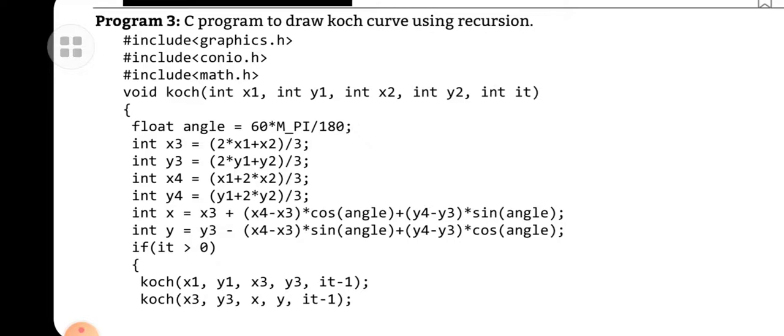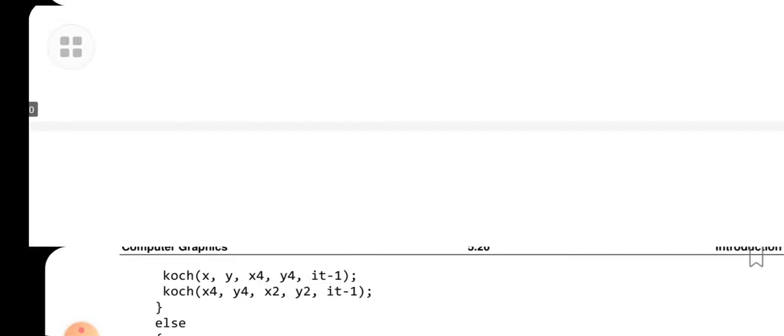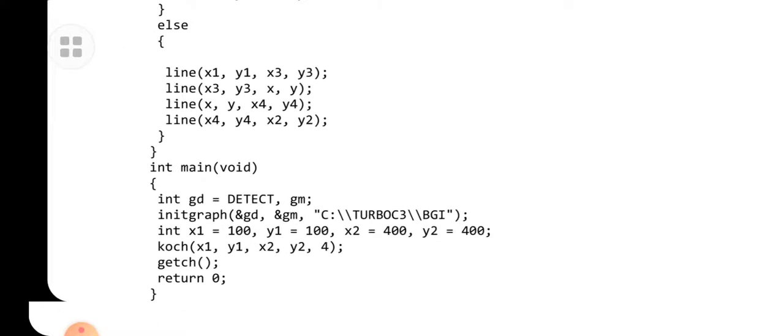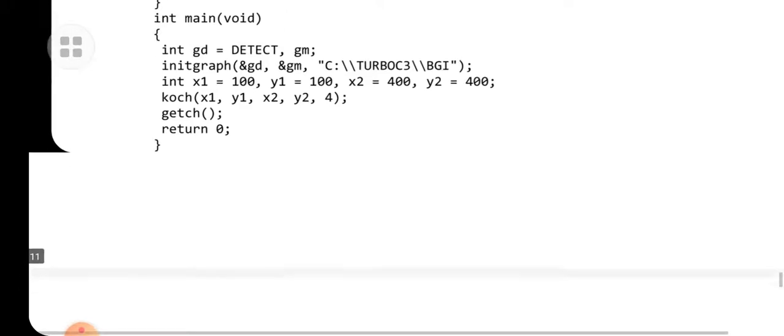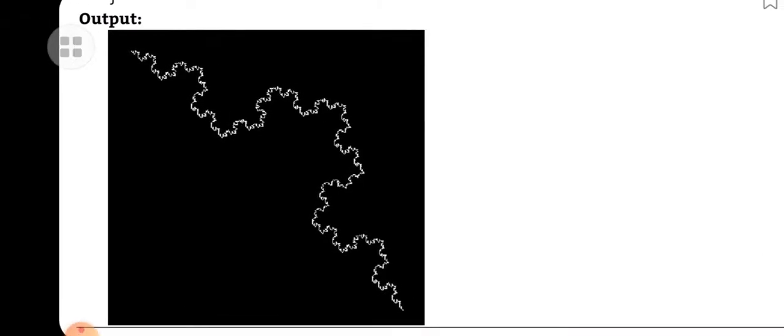After that you have to give the equations, and you should use the algorithm of the Koch curve here. And after the execution of this program you can see the output like this.